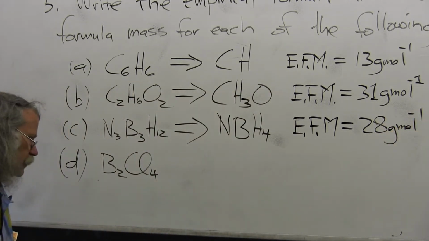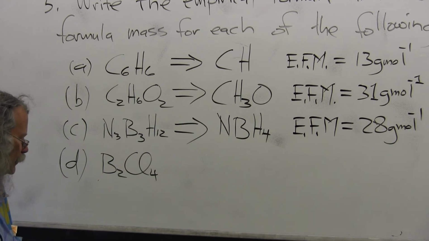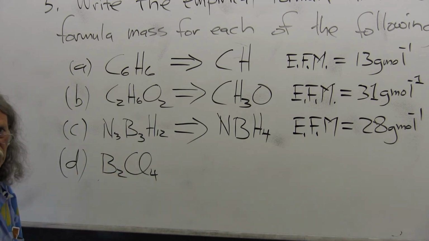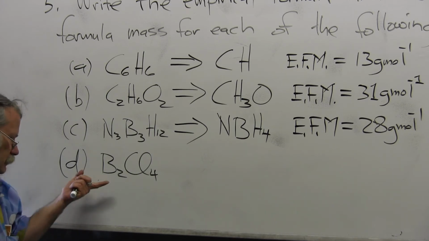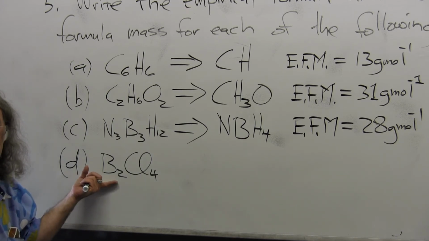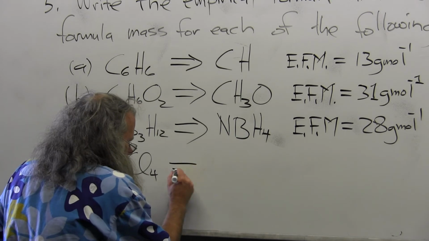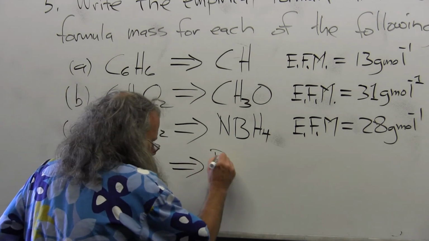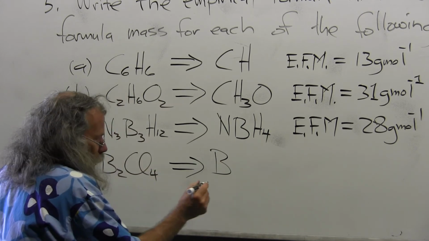And the last in our little series is B2Cl4. The obvious divisor here is 2. So that's going to be 2 divided by 2 is 1, and 4 divided by 2 is 2.